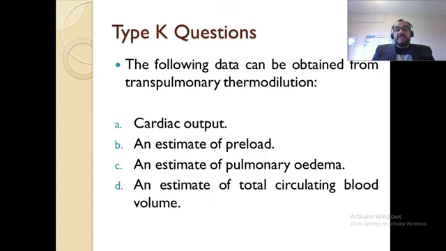For example, the following data can be obtained from the transpulmonary thermodilution: cardiac output, true; an estimate of the preload, true; an estimate of pulmonary edema, true; an estimate of total circulatory blood volume, false. These are the 2 different types of questions you will find in the Part 1 exam in the EDIC.